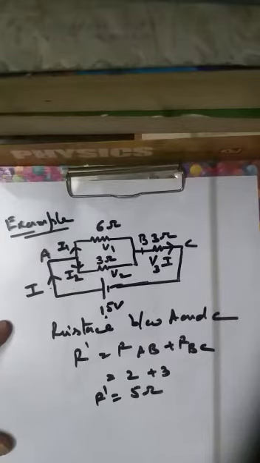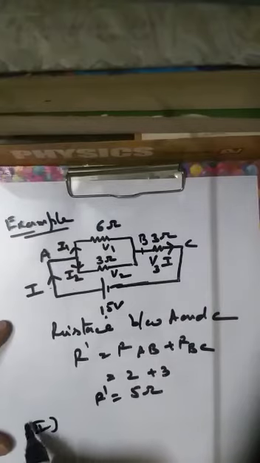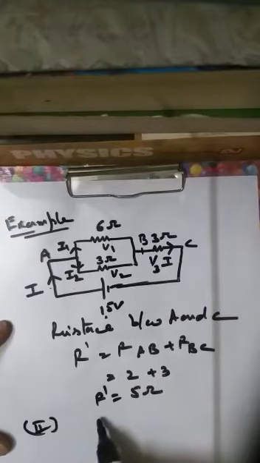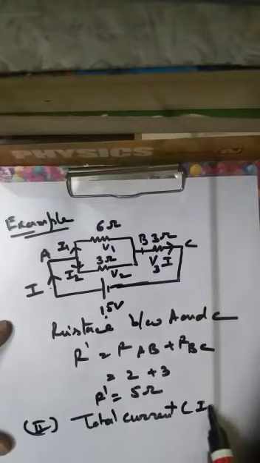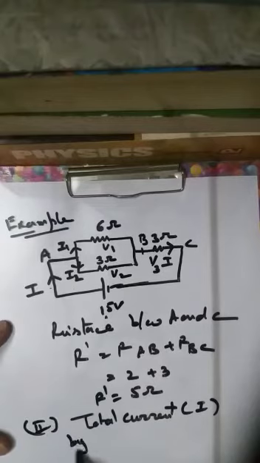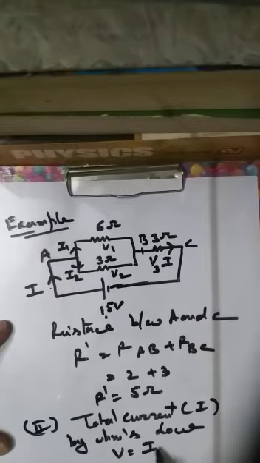Now we calculate the total current. Second step. Let it be I. By Ohm's law, V is equal to IR.